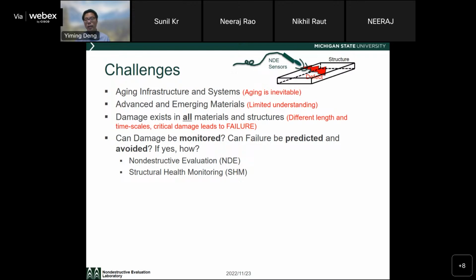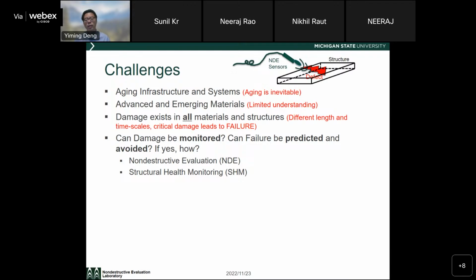But SHM is more like the monitoring devices that you can use over time, 24 hours a day, to measure, for example, your heartbeat rate and your blood pressure level. And nowadays, you can measure more vital signals over time. So this is more like a monitoring problem, right? That's a very simple analogy when we talk about NDE and SHM.